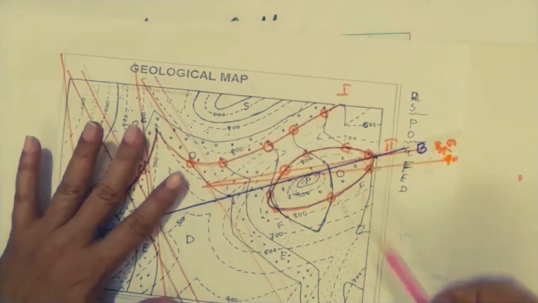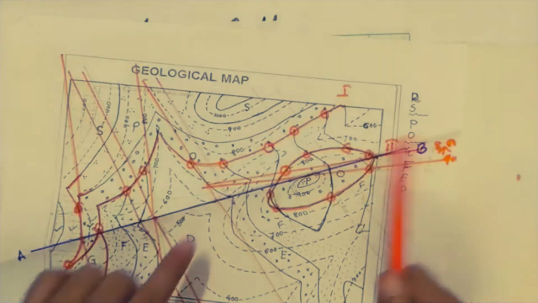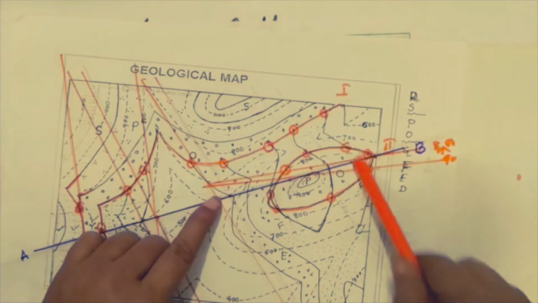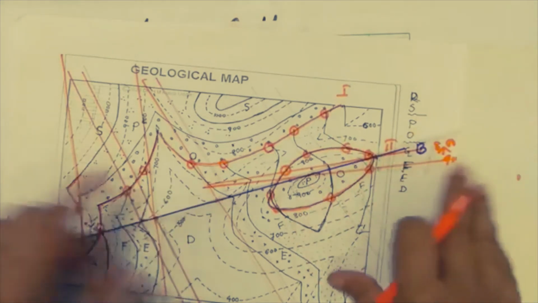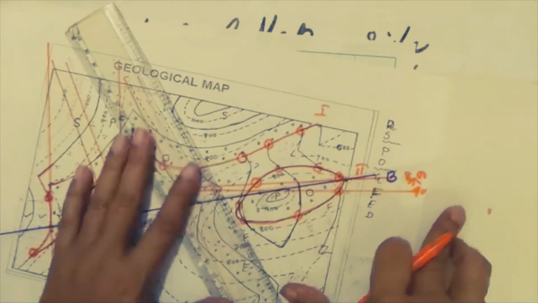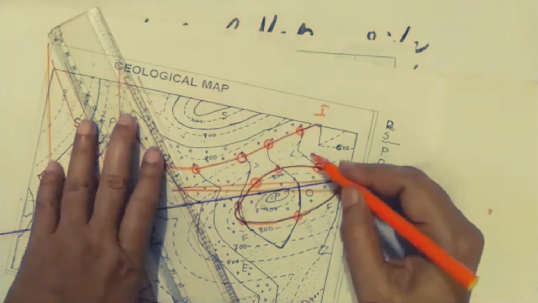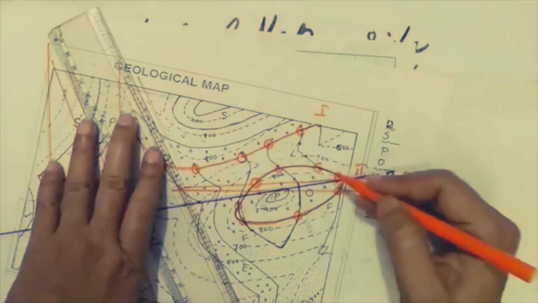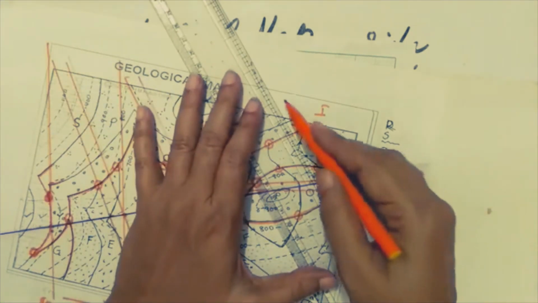So draw another straight line to identify the direction of the dip of the beds on the right hand side. Go for that. This is a strike line of 700 feet. Just draw this.